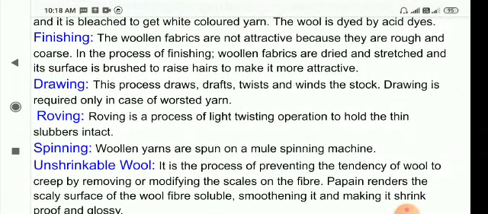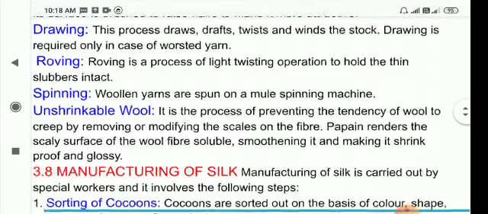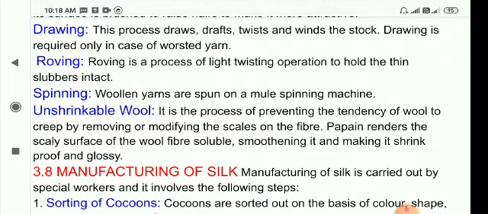This process draws, drafts, twists and winds the stock, and drawing is required only in the case of worsted yarn. After that, student, is roving.